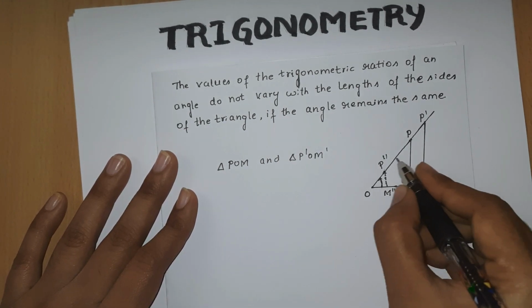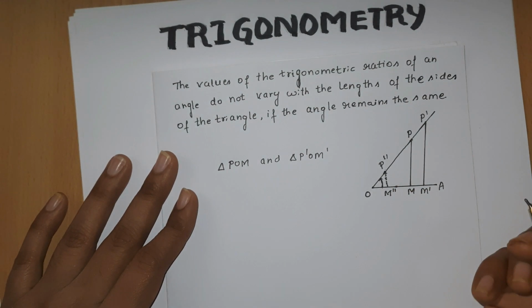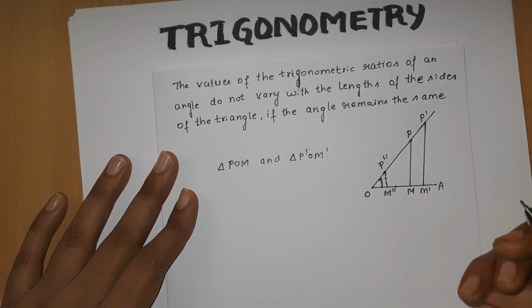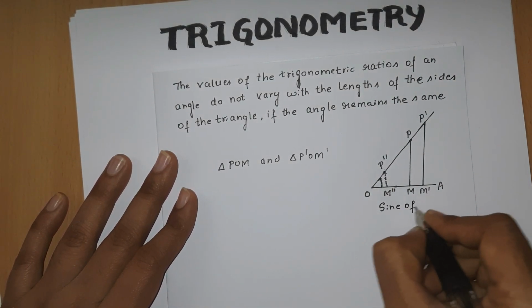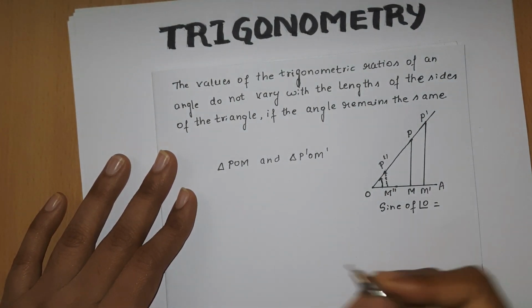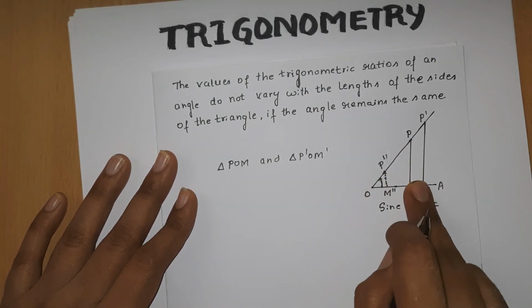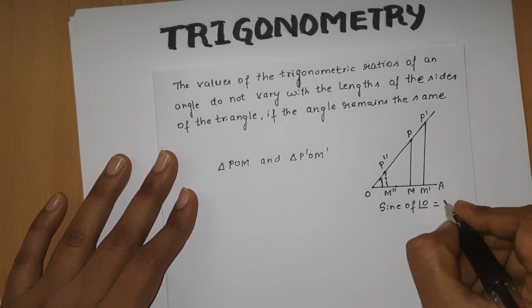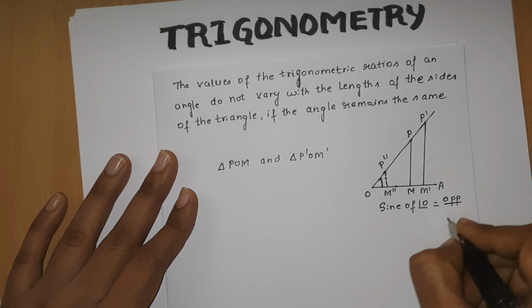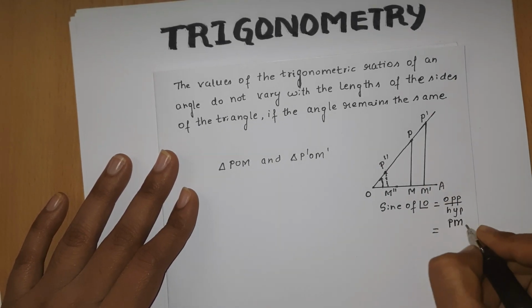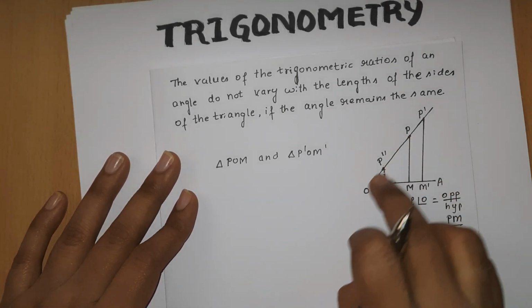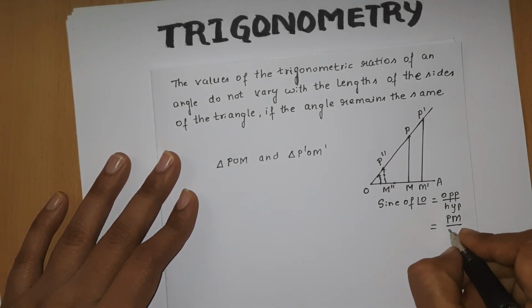The reason I am considering these two is the first trigonometric ratio, sine. Sine of angle O, according to triangle POM, is given by opposite side by hypotenuse. Opposite side is PM and the hypotenuse is OP.